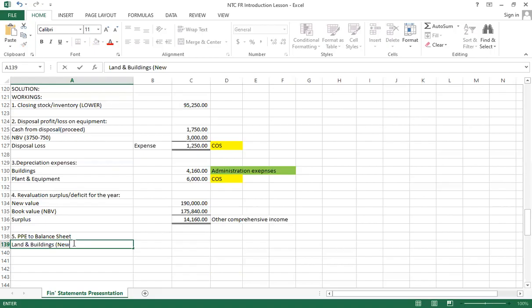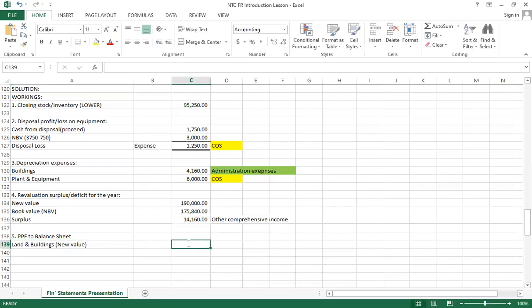In that case, whenever you revalue, you should work with the new value. And these ones we revalued to a new value, which is how much? This 190. You revalued to 190. When you revalue, you then work with the new value. So 190.